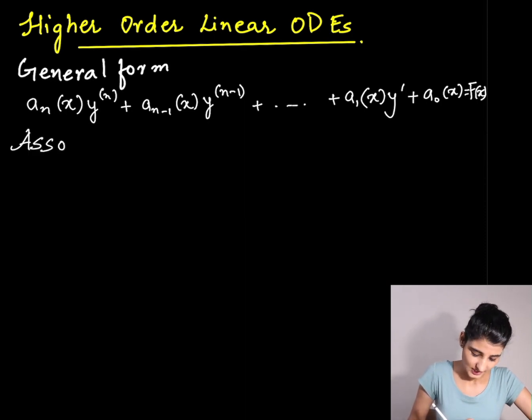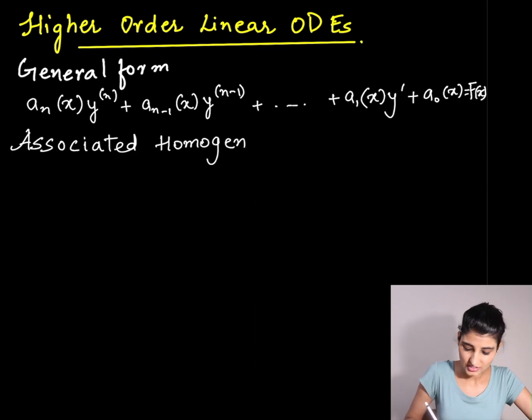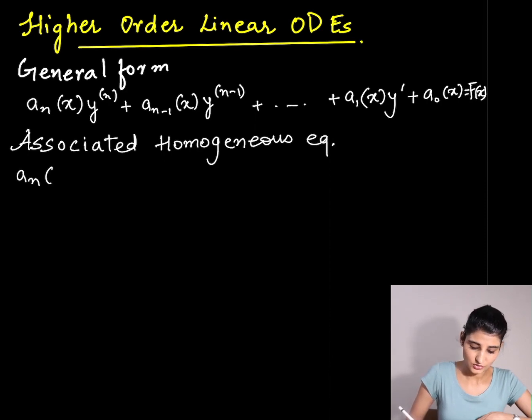So we write the associated homogeneous equation by substituting f of x equal to 0.